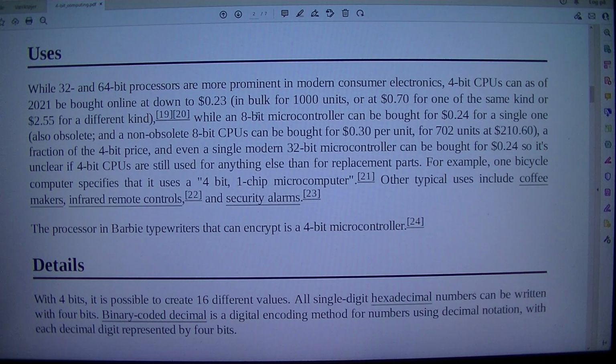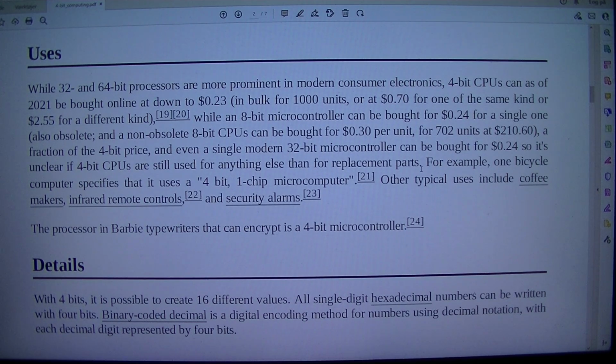While an 8-bit microcontroller can be bought for 24 cents for a single one, also obsolete, and non-obsolete 8-bit CPUs can be bought for 30 cents per unit, for 702 units at $210.60, a fraction of the 4-bit price, and even a single modern 32-bit microcontroller can be bought for 24 cents, so it's unclear if 4-bit CPUs are still used for anything other than replacement parts.